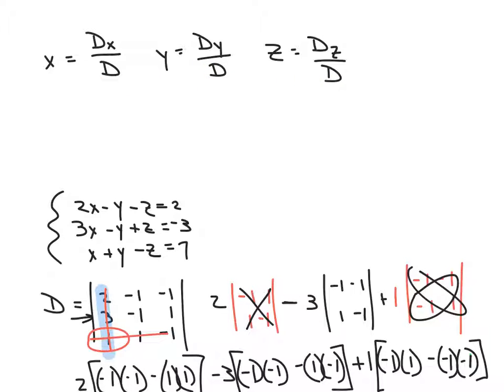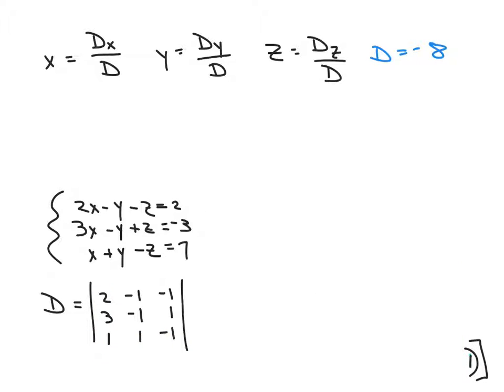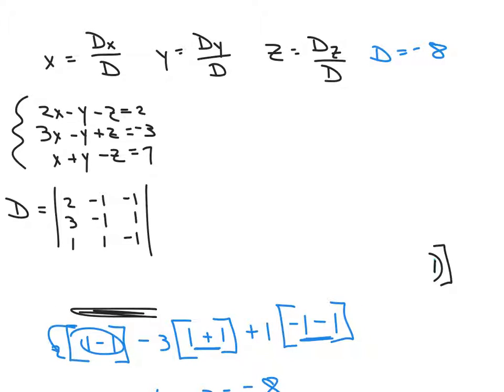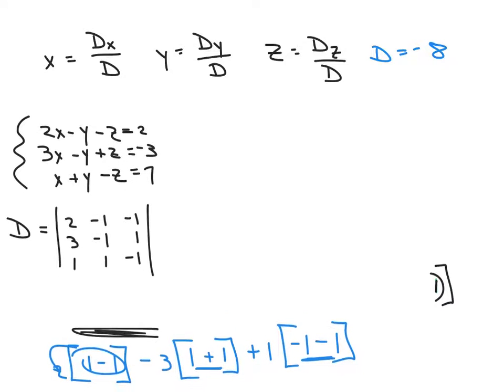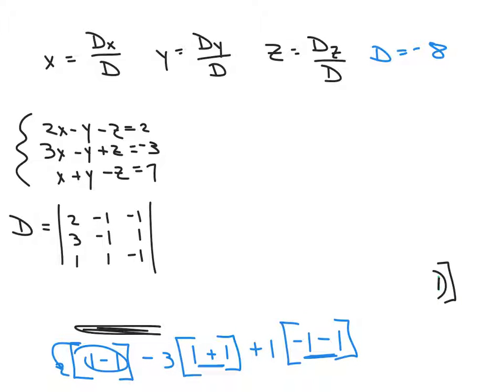So now you do the exact same thing with the D of x, the D of y, and the D of z. Now that I have D equals negative 8, I can basically get rid of a lot of this. I'm going to leave this here, and I'm going to rewrite this.